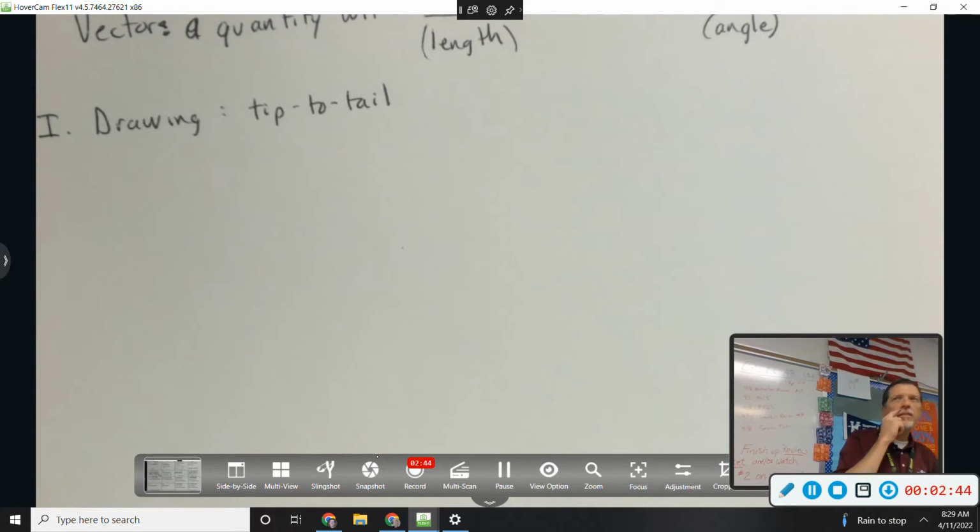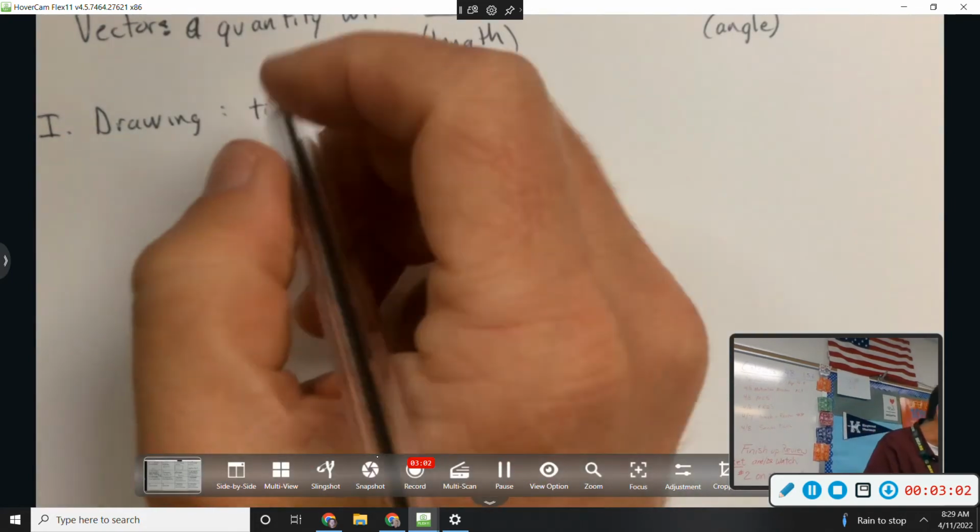But in physics, when you draw them, usually you're with a ruler and a compass or a protractor, and you're trying to be super accurate. Here, it's more about the concept than the accuracy. So I'm not going to get out a ruler and measure. It's just more of, did you get the tip to tail thing right?